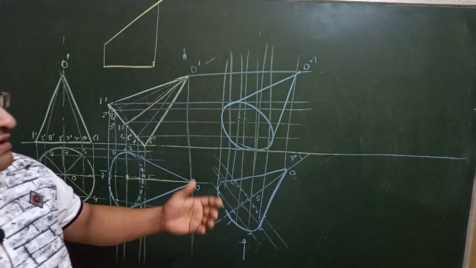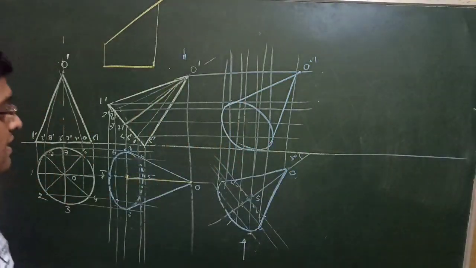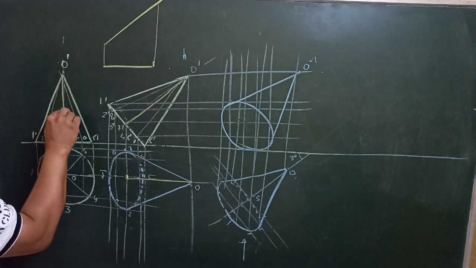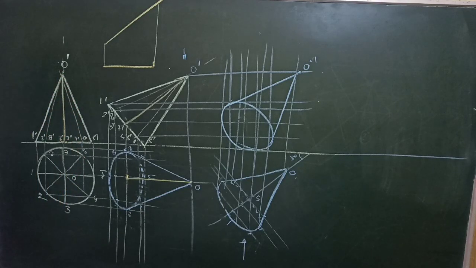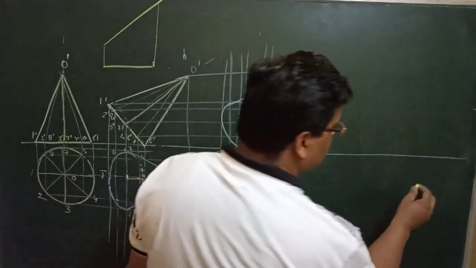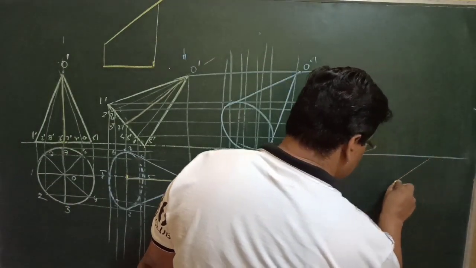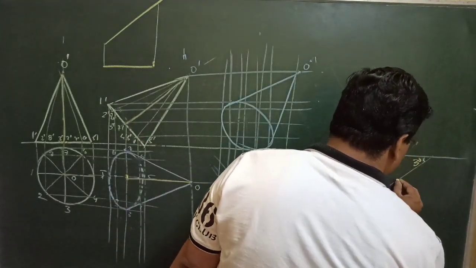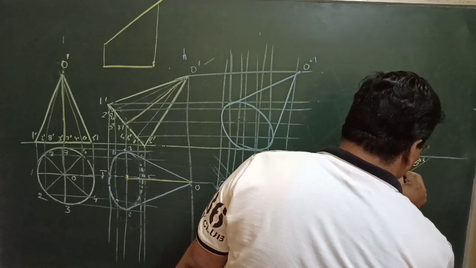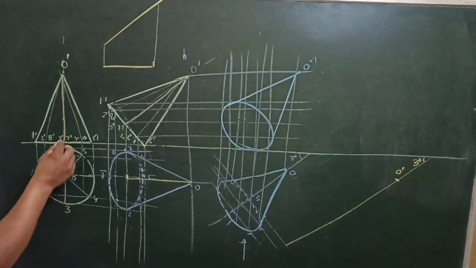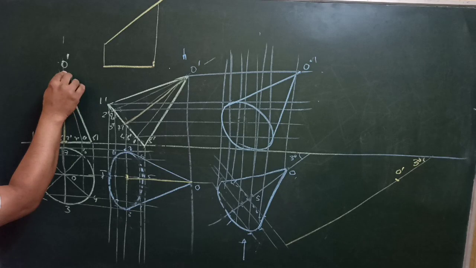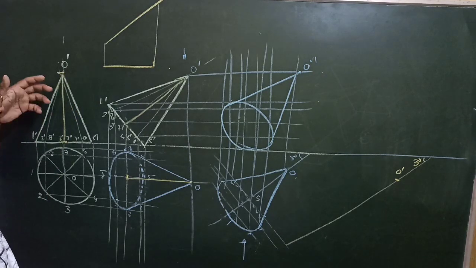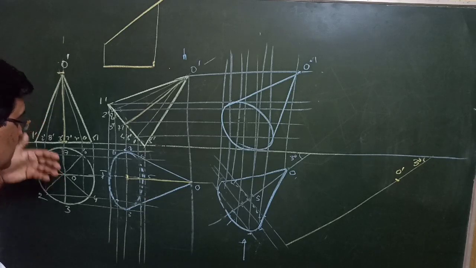But when the axis is making an angle of 30 degree, first you have to take this axis, that is the original axis of the cone, at an angle of 30 degree. So take a line at an angle of 30 degree here and mark O dash to 3 dash from the original diagram, that is from the front view which we have drawn as per simple position, that is the initial diagram.